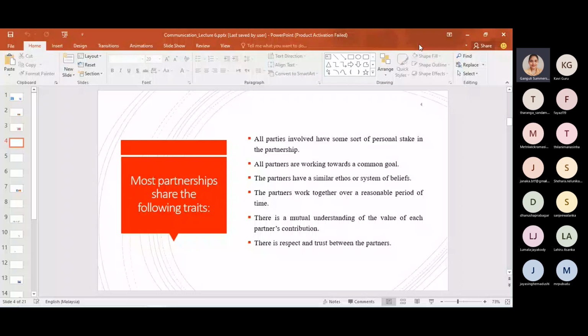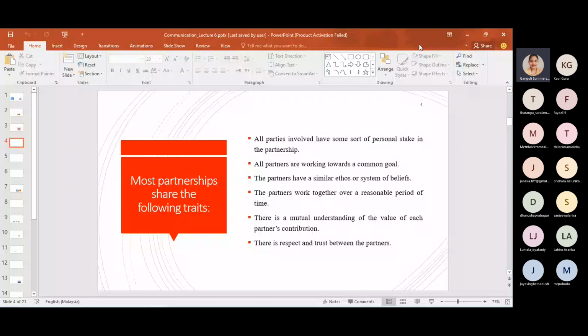Likewise, in partnership working, the organizations or companies in the partnership are very different from each other. But even though they are different, they always make sure that they are working towards a common goal.